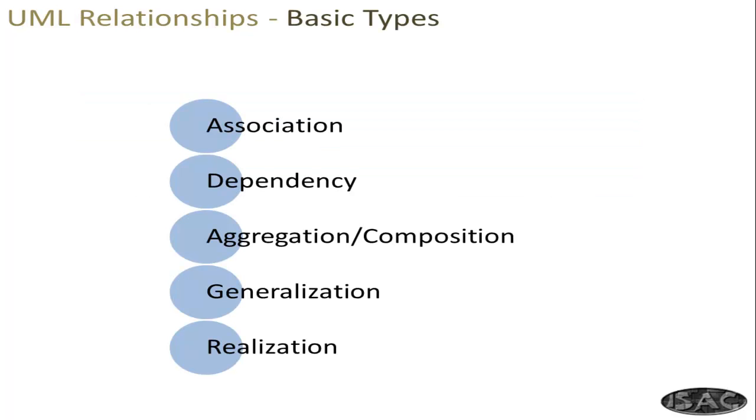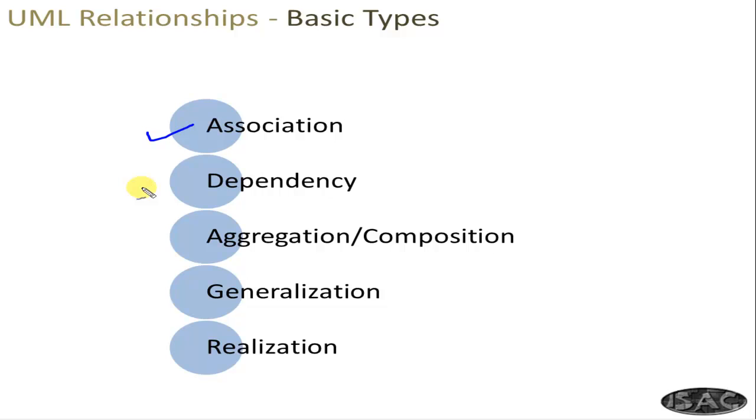Now, what are the basic types of relationship which are analyzed and discussed in UML? Think about that. There are 5 types of relationship we generally focus on. First one is called association relationship.